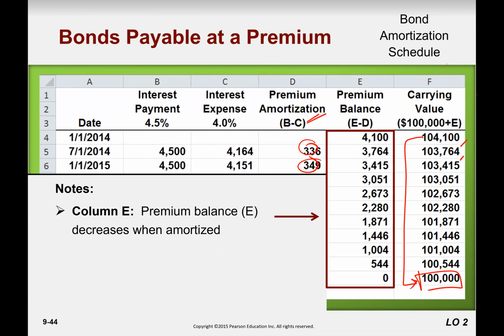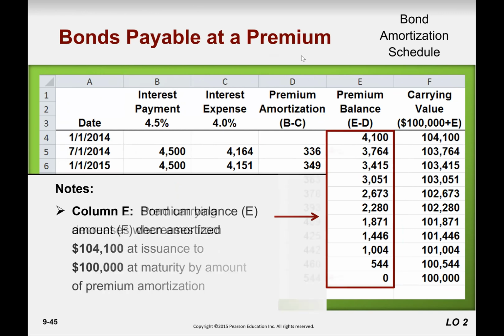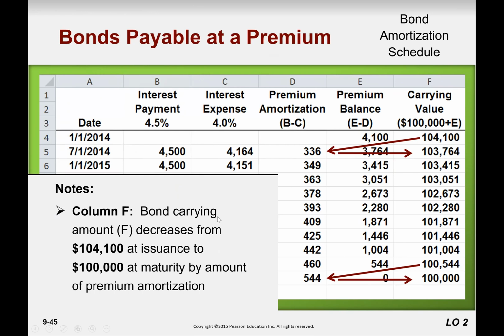Whereas in premium, the amortized premium is going to be decreased through carrying value. That's it. Right? So you see here, bond carrying value decreases from 104,100 at the issuance to 100,000 at maturity by the premium amortized.